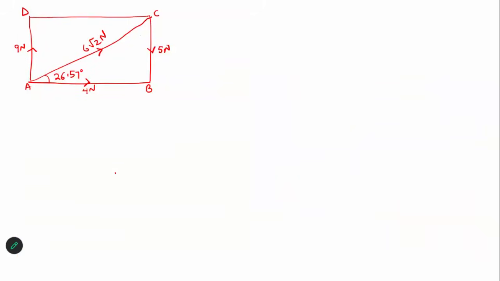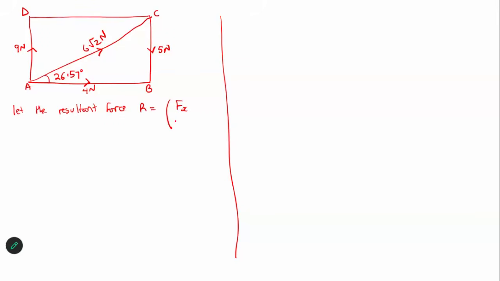So now we are going to find forces along the x and forces along the y. But I think this time round, let me use vectors. Let the resultant force, which I'm calling R, equal F along the x and F along the y.